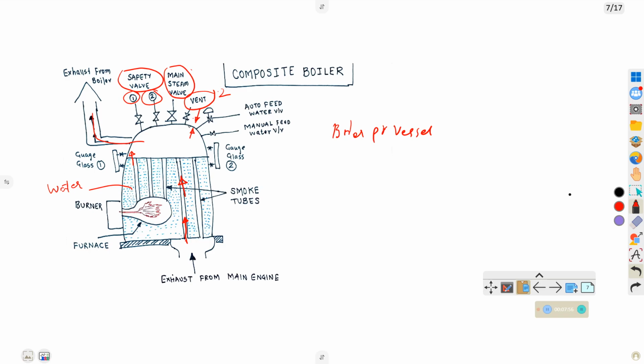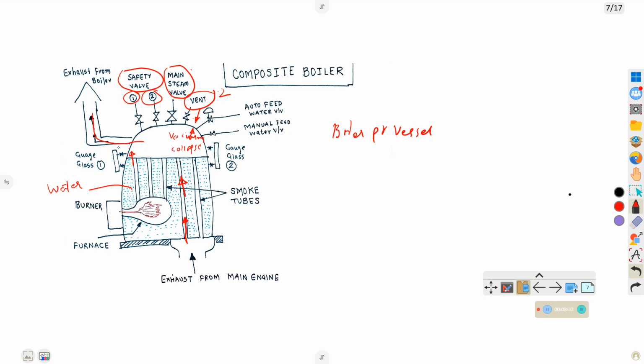As the pressure falls from 4 bar to 3 bar, 2 bar, 1 bar, and then below 1 bar, a vacuum will form inside, and the boiler will collapse. So you got the importance of the vent.